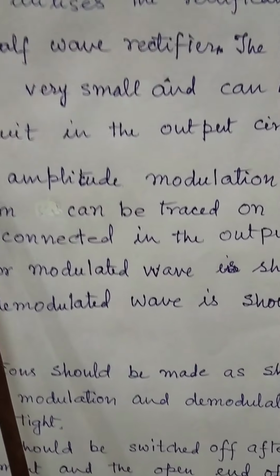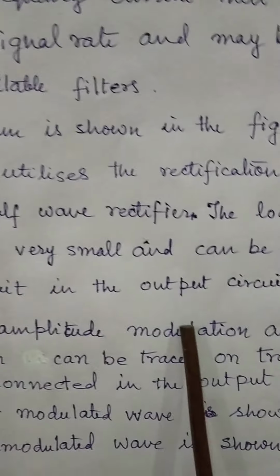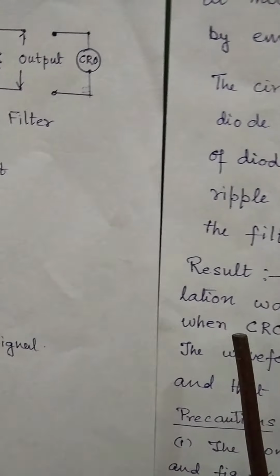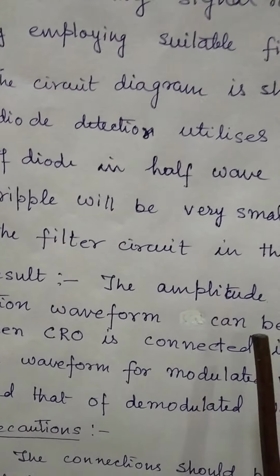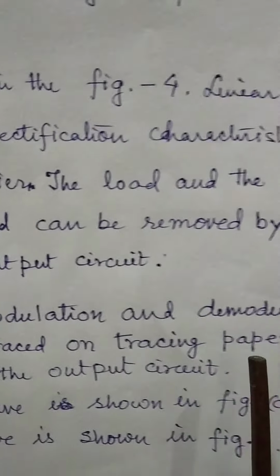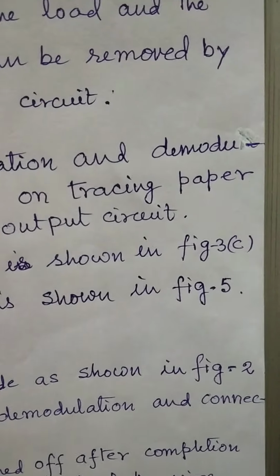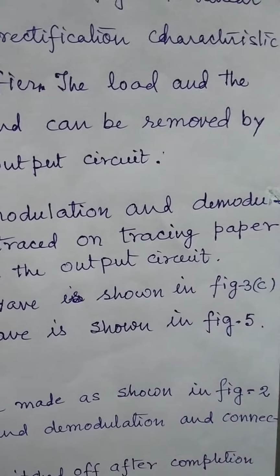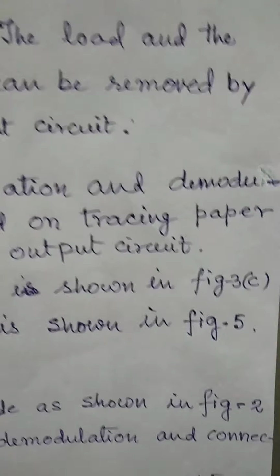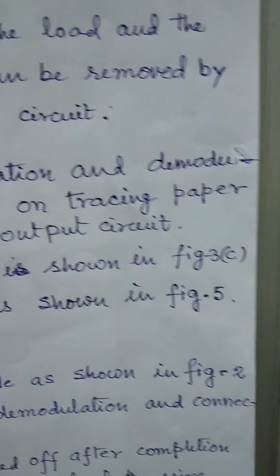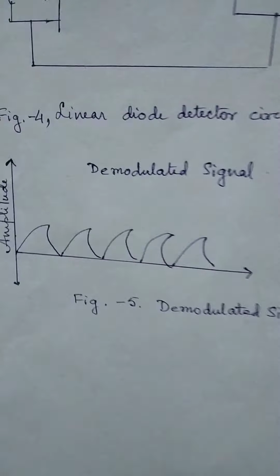Now the result: the amplitude modulation and demodulation waveform can be traced on tracing paper when the CRO is connected in the output circuit. As I told you earlier, the waveform for the modulated wave is shown in figure 3C and that of the demodulated wave is shown in figure 5.